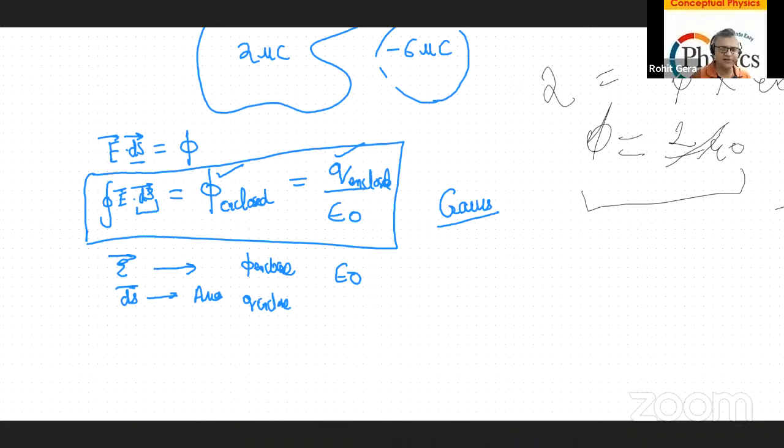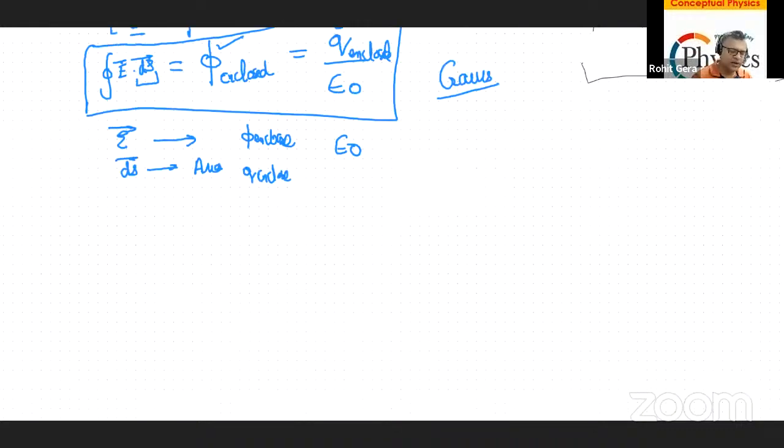Now, a very interesting fact. See, Coulomb said the electric field due to a point charge q can be k q by r square at a distance of r.